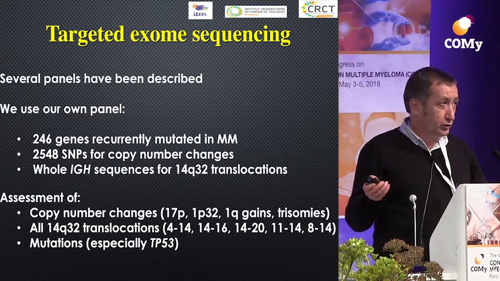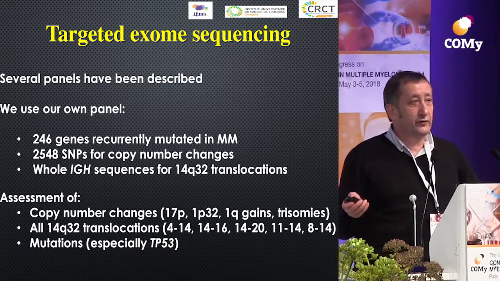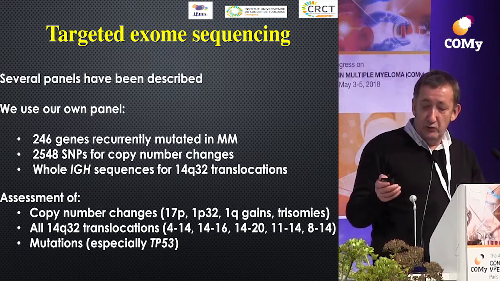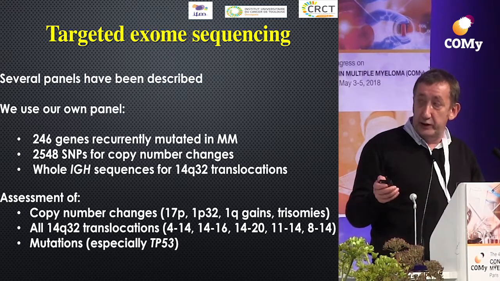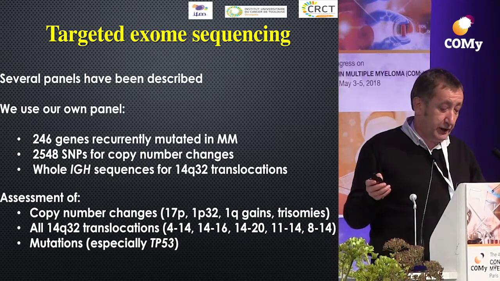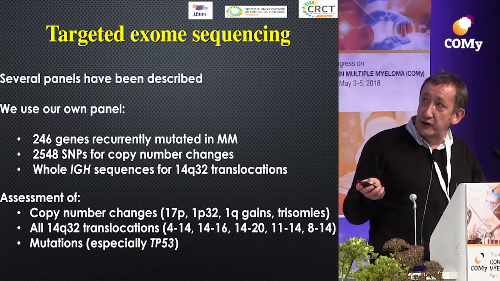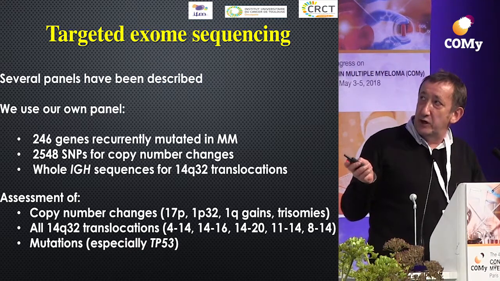To try to use this information for the prognostic assessment of patients, we developed, with our colleague Nikhil Munshi in Boston, a targeted exome panel. We selected 250 genes recurrently mutated in myeloma.